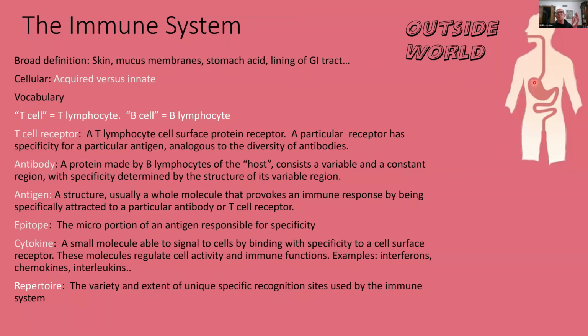The stuff in your gut is really in the outside world, and the rest of you is the inside. But we're going to talk about what has been called the cellular immune system, and there are two arms to it: the acquired and the innate immune system.